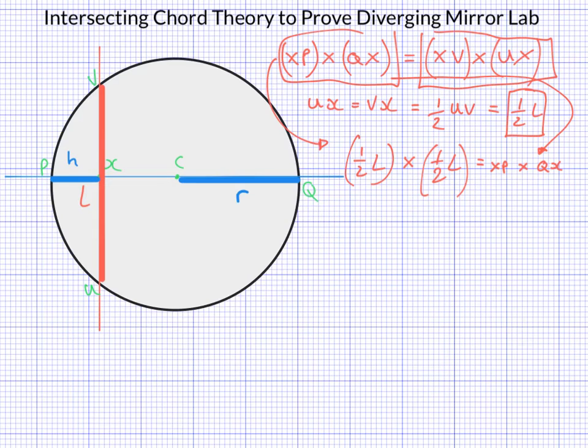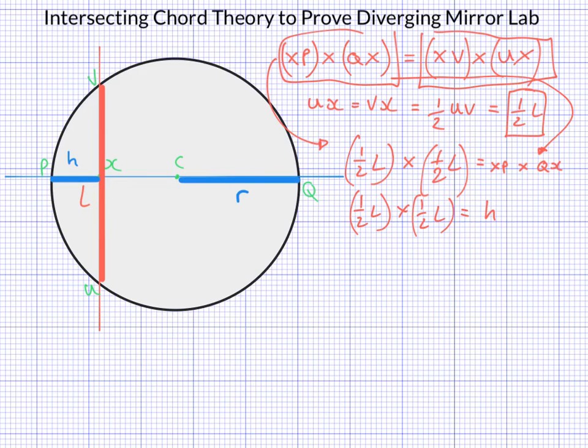And then further to that, I'm going to change out my XP because, hey, look at this, my XP is actually H. So I can say half L times half L, let's put these in brackets just to be careful, is equal to, well, XP is actually H, because I'd made that statement over here.